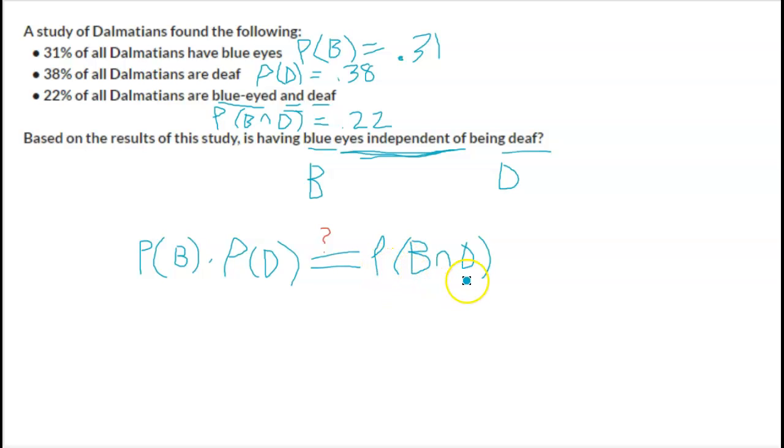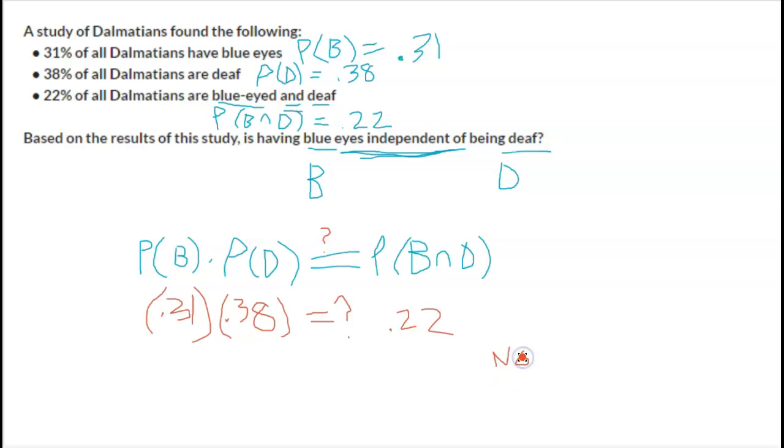Is the product of the intersection the product of the separate probabilities? And now is when you get out your calculator, probably, or maybe you can just estimate it, right? 0.31 multiplied by 0.38. Is that equal to 0.22? And right, no, it isn't.